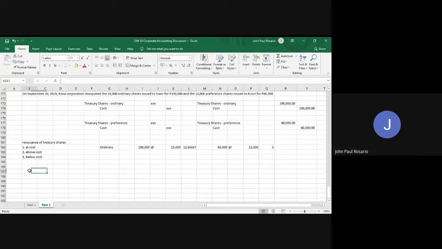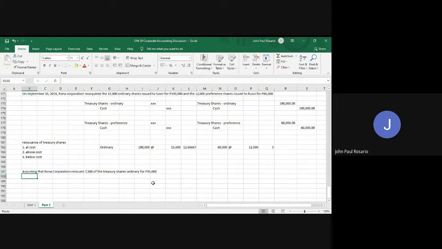We put it at cost. So, assuming that Rona Corporation reissued 7,500 of the ordinary treasury shares for 95,000 pesos.